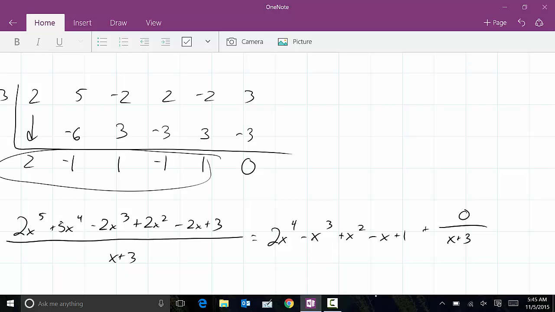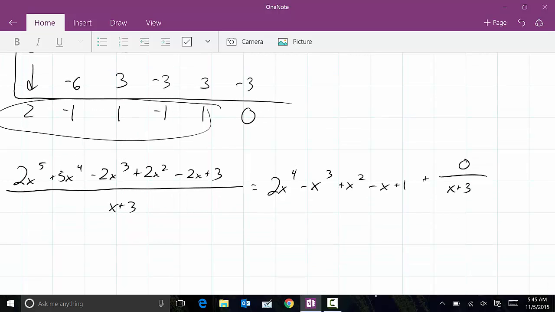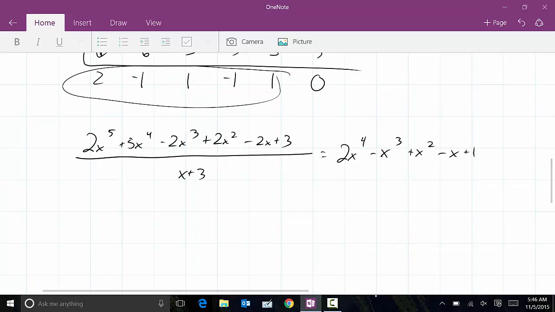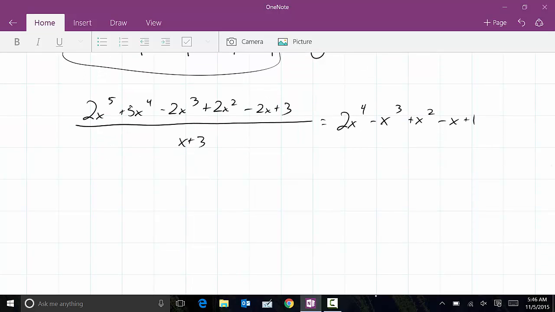So 0 over x plus 3 means that's 0, so you could really just not write that piece. Now if we multiply both sides by x plus 3, as we talked about with the quotient remainder form when we were doing long division, this is 2x to the power 5 plus 5x to the power 4 minus 2x cubed plus 2x squared minus 2x plus 3.